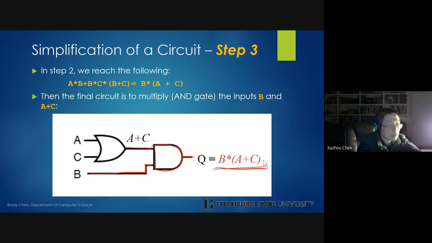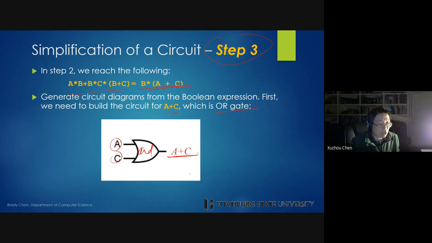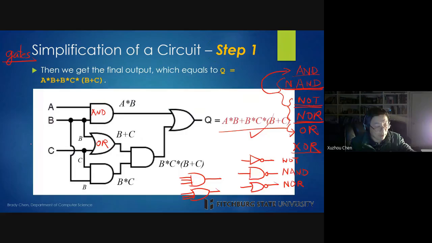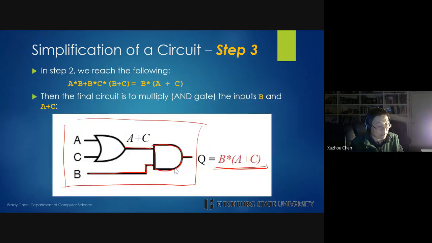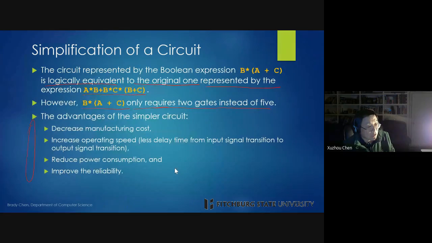This is the electronic circuit which performs the same functionality as the original one. So it's much simpler, right? Because the original used 5 gates, but with this, you just need 2 gates.